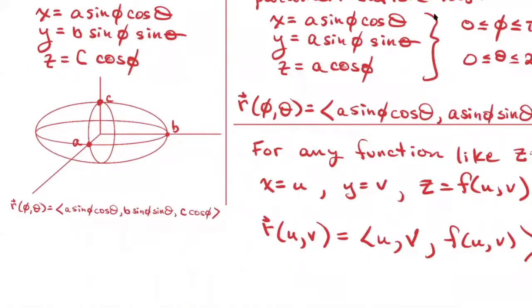Also on the ellipsoid, just as before, you'd have phi going from 0 to pi and theta going from 0 to 2 pi. Okay. Any questions?